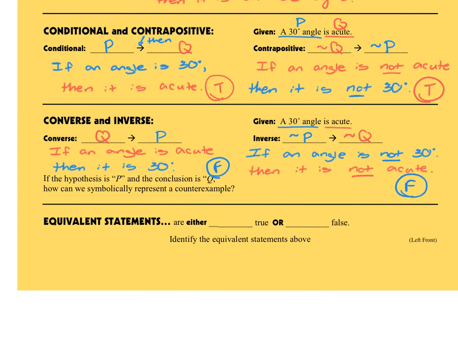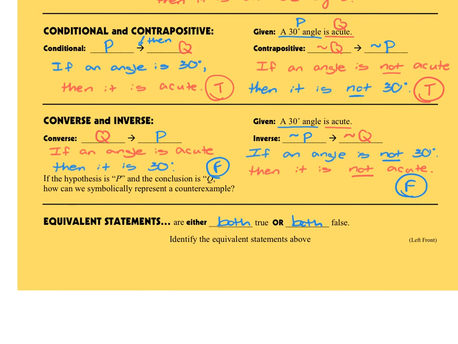Now, if these negations were hard to analyze, let's take a look at this equivalent statement. I'm going to come back to this one in just a second. Equivalent statements are statements that are either both true or both false, which would mean if we come back up here that the conditional was true and the contrapositive is true, and since they're both true, the conditional and the contrapositive are equivalent.